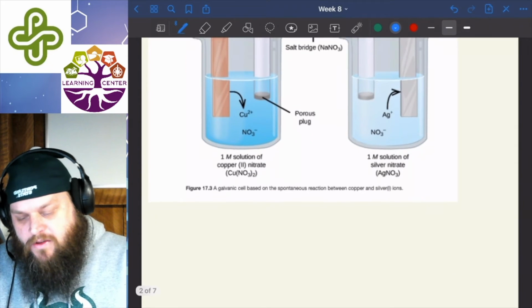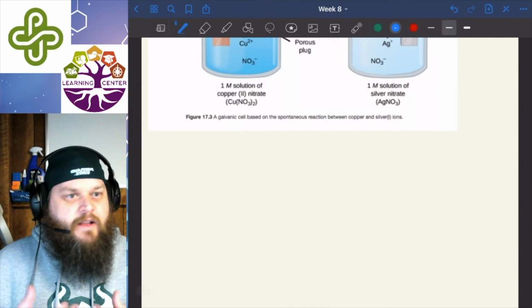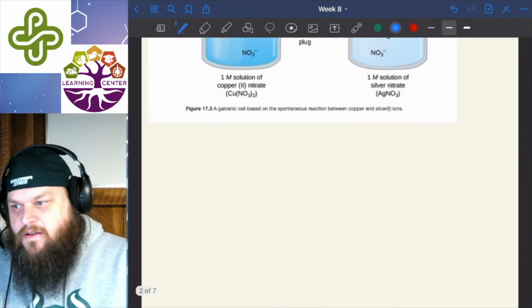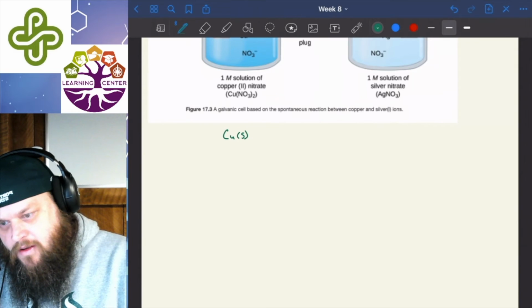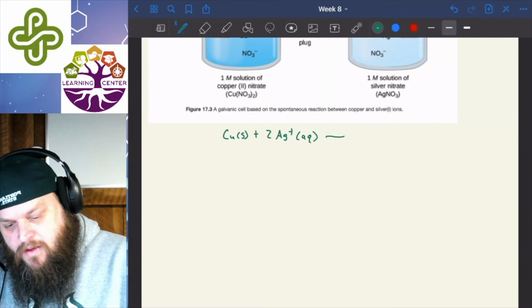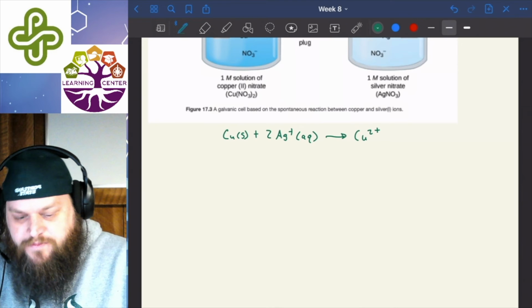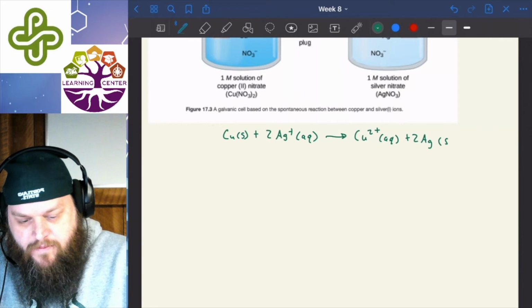So what we want to do is find out what's the electric potential of this. If I write out the cell reaction that's happening, that's copper solid plus 2 Ag plus aqueous is going to produce copper 2 plus aqueous plus 2 silver solid.